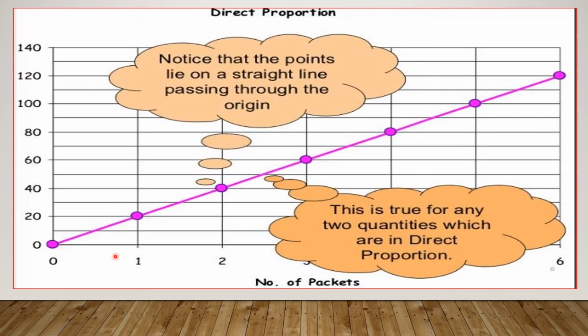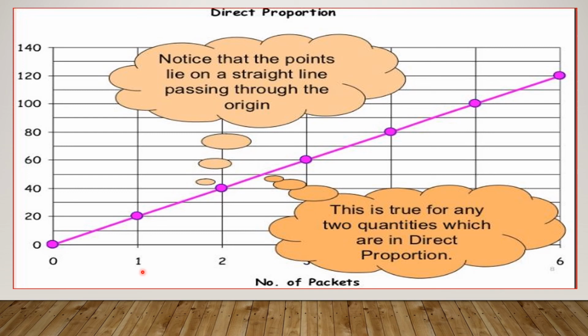In the previous slide, we mentioned that number of packets is the independent variable and the cost is the dependent variable. The independent variable is going to be plotted on the x-axis and the dependent variable on the y-axis. Before plotting all the points in the Cartesian plane, you are going to make all the ordered pairs.